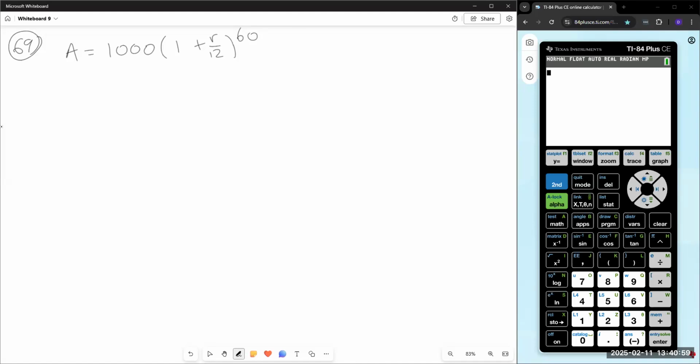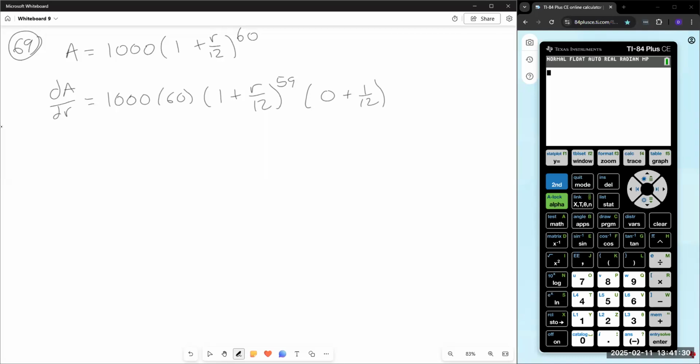So dA/dR is equal to 1,000 times 60, 1 plus R over 12 to the 60 minus 1 is 59, times the derivative of the inside with respect to R, which is 0 plus 1/12, so 1/12.